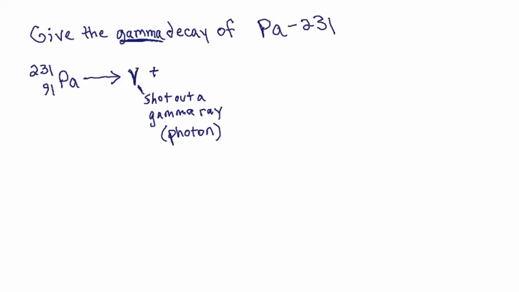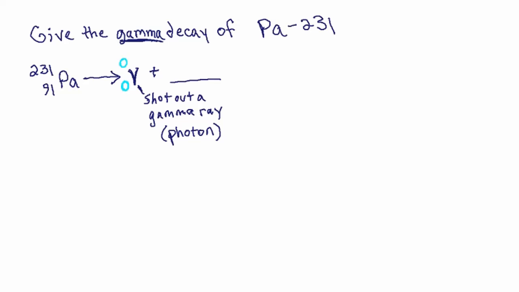So we have the gamma ray that shot out plus what? What would result after this Pa231 shooting out a gamma ray? It's the exact same thing, because a gamma ray has 0 weight to it and 0 charge to it.